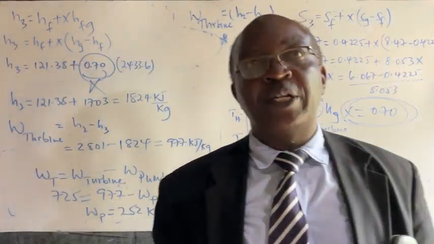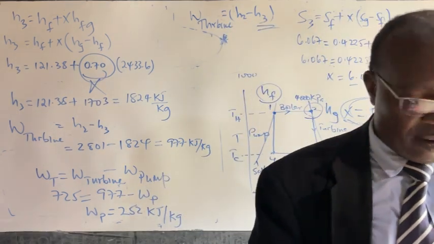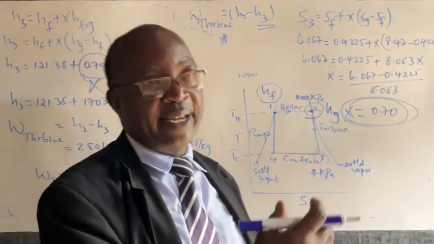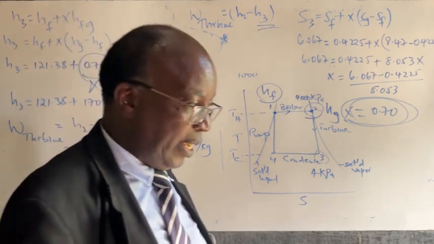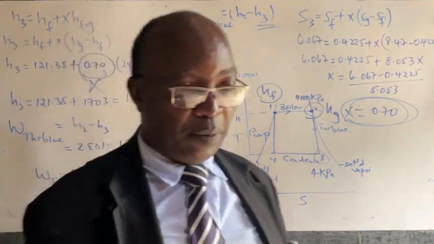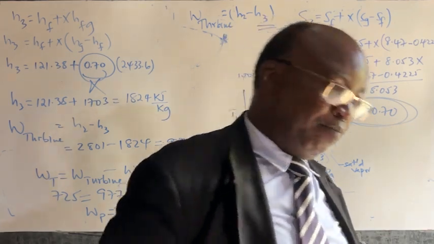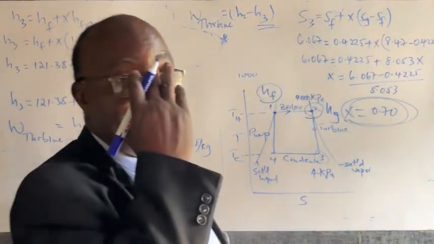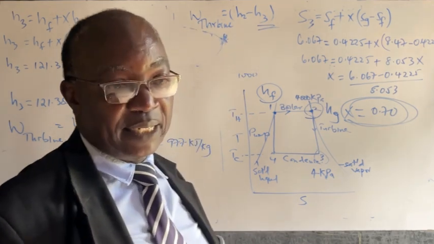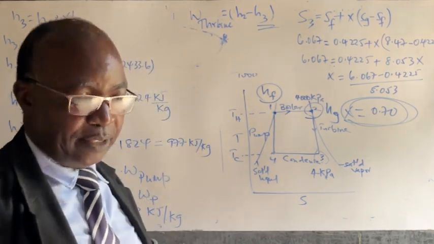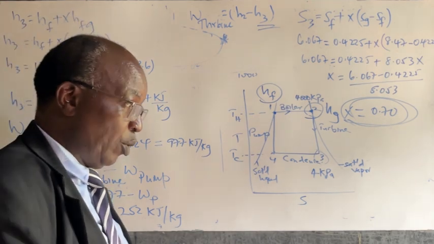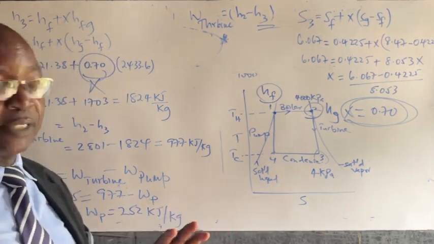So all you need to do is do it very, very systematically. Make sure your units are right, that you are not talking of 40 bars while the units are in kilopascals. Instead of converting to kilopascals, you take the 40, put it there, so it's like 40 kilopascals instead of 4,000 kilopascals and so forth. So you make sure that you are keen as you do the work, and also base your arguments on thermodynamics.